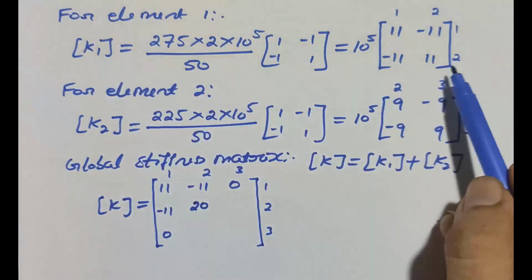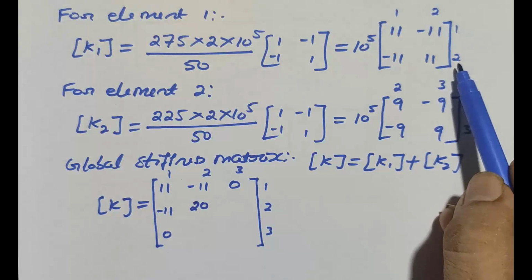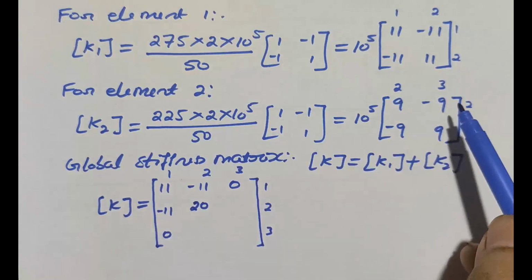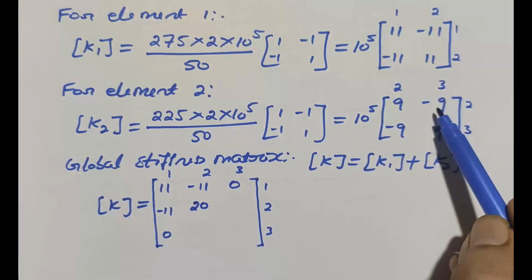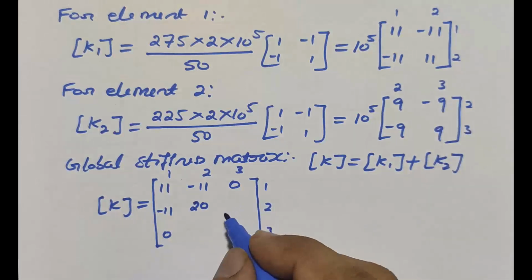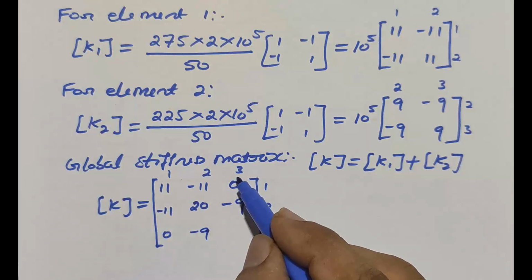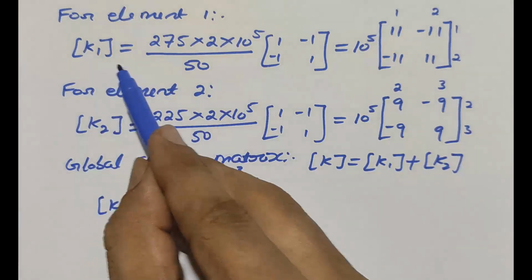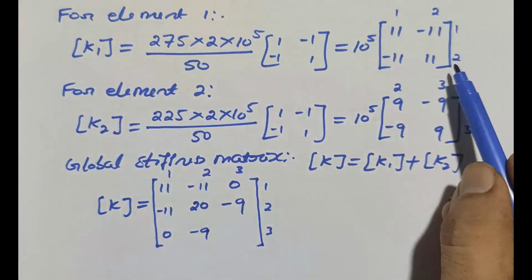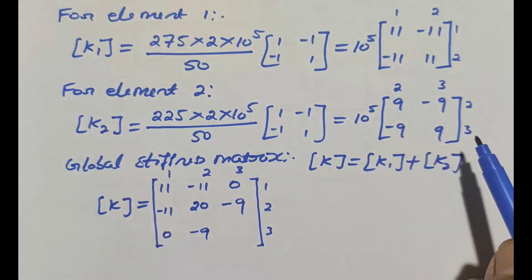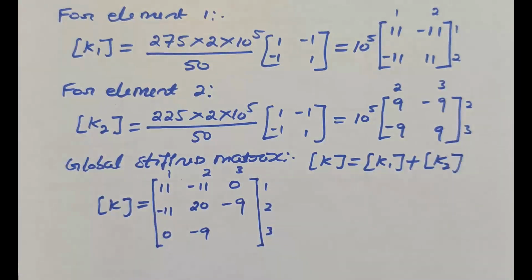See K1, here we don't have any element corresponding to 3 and 2. In K2, we have element corresponding to 3 and 2. It is minus 9. So here it becomes minus 9. According to symmetry, you can write here minus 9. Next, element corresponding to 3 and 3. In K1, we don't have any element. But in K2, the element corresponding to 3 and 3 is 9. Therefore, here we will get 9. This is the global stiffness matrix.